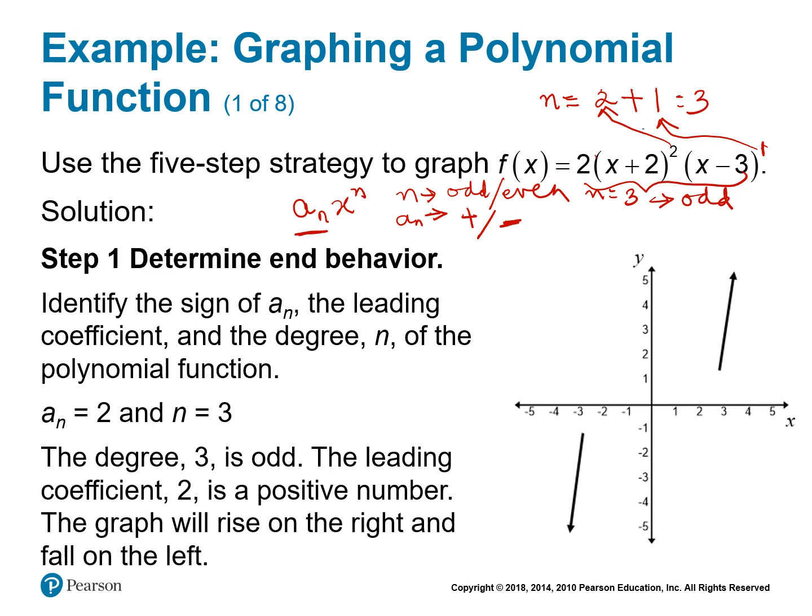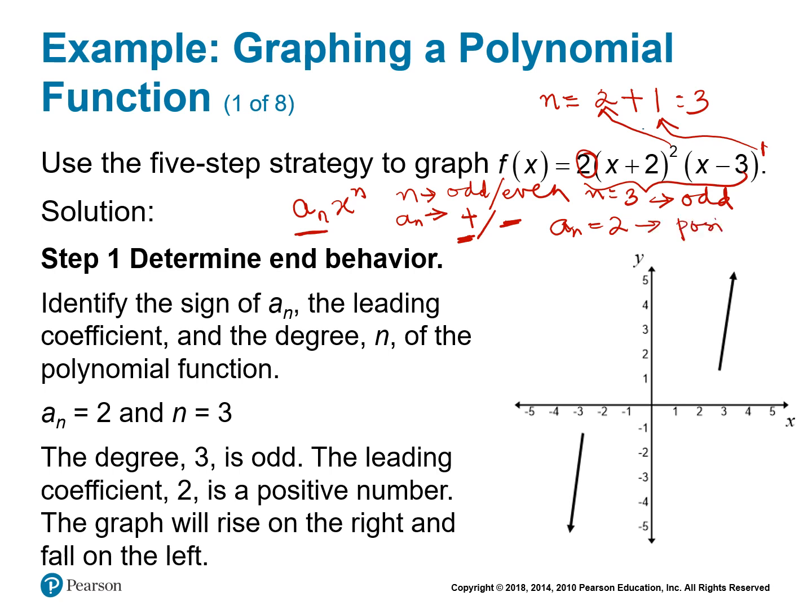The coefficient is 2, that means that's positive, right? So let me write that. a sub n equals 2, therefore it's positive.